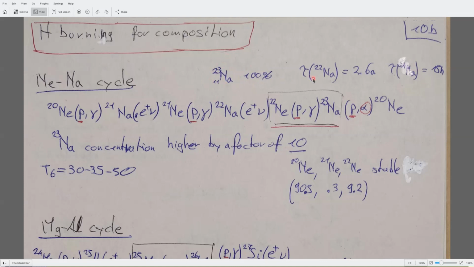You cannot find the others. In fact, you have sodium 22 and 24. Sodium 22 has a mean life of 2.6 years. Sodium 24 is just 15 hours. It's really unstable.